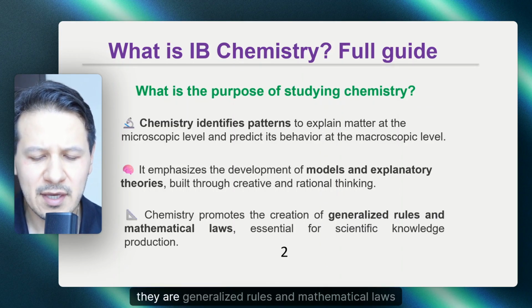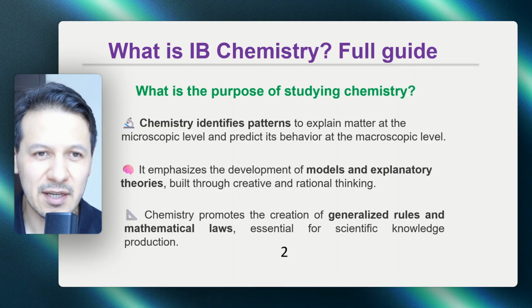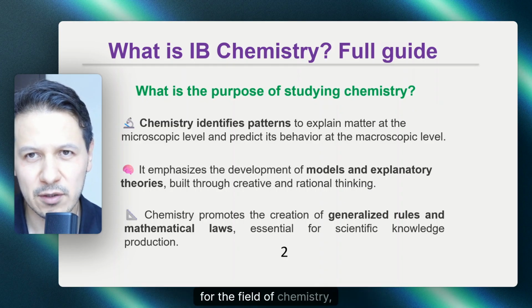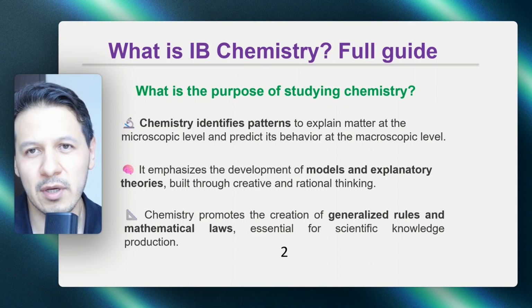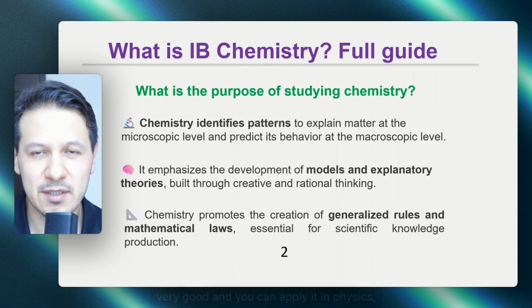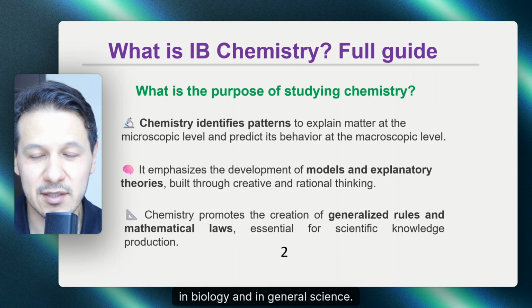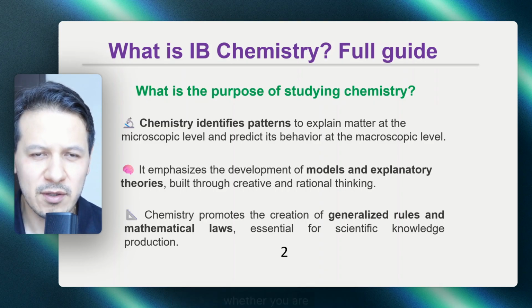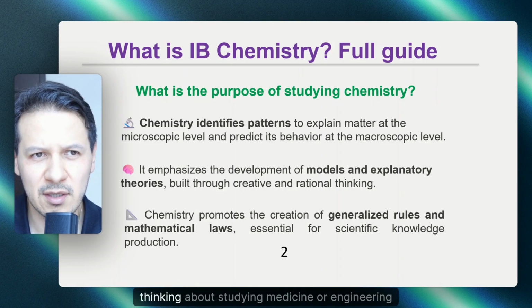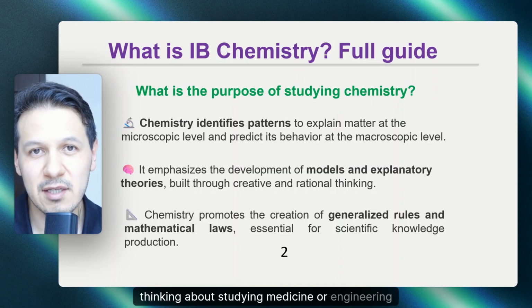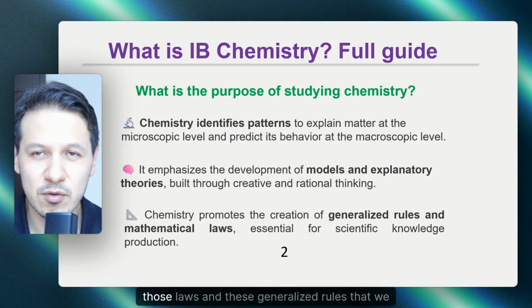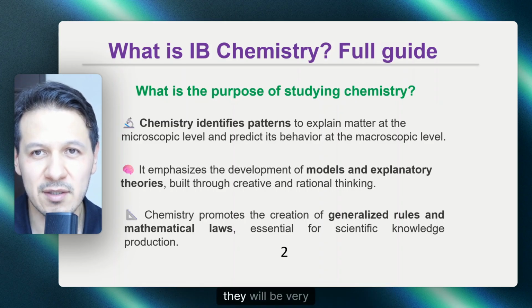So they are generalized rules and mathematical laws that are not only for the field of chemistry, they are also very good, and you can apply them in physics, in biology, and in general science. So whether you are thinking about studying medicine or engineering, those laws and generalized rules that we study in the subject will be very useful for you in your career.